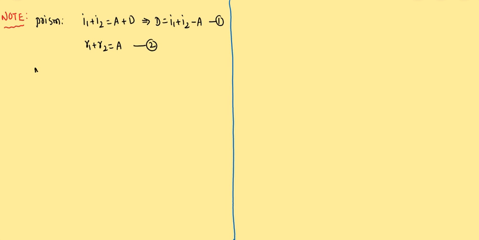Okay, minimum deviation condition we write. Minimum deviation condition is what? The minimum deviation condition: I1 should equal I2 and R1 should equal R2.